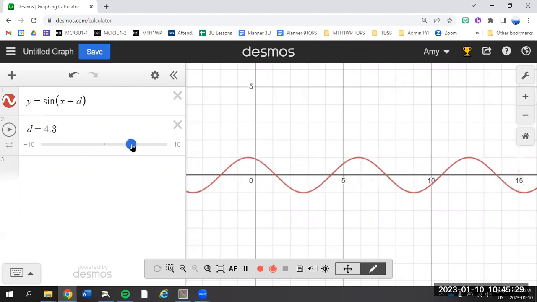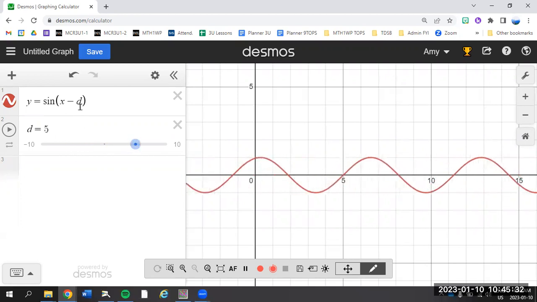Okay, let me go back to this one first. What would this equation look like? X minus 5. Because remember, the general equation, like every other equation we've seen, always has x minus d. That's the general equation. So when d is positive, we're going to see x minus d here.